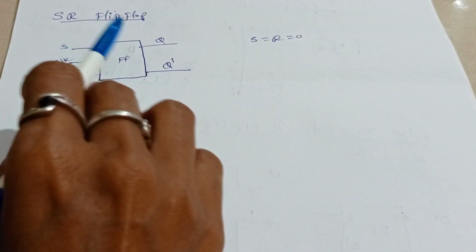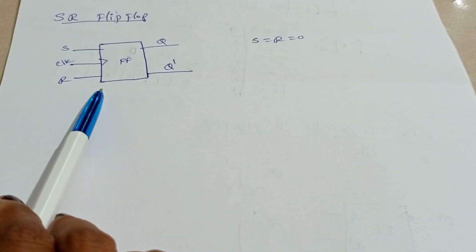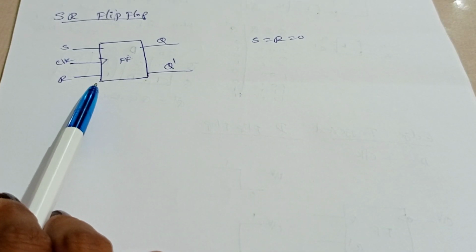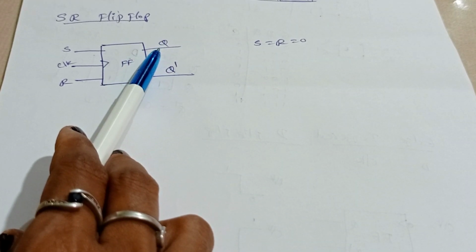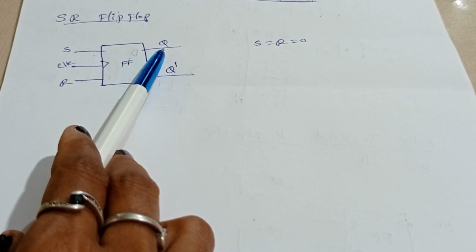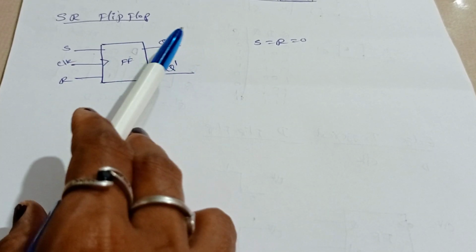SR flip-flop. An SR flip-flop is similar to an SR latch, that is, S equal to 1 sets the output to 1, and R equal to 1 resets the Q to 0.